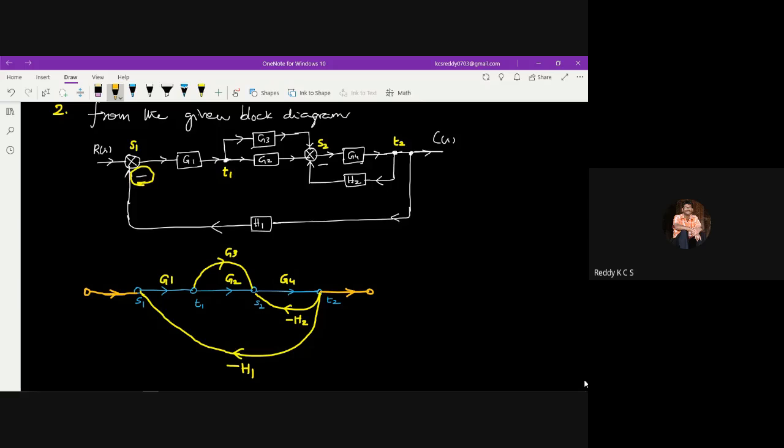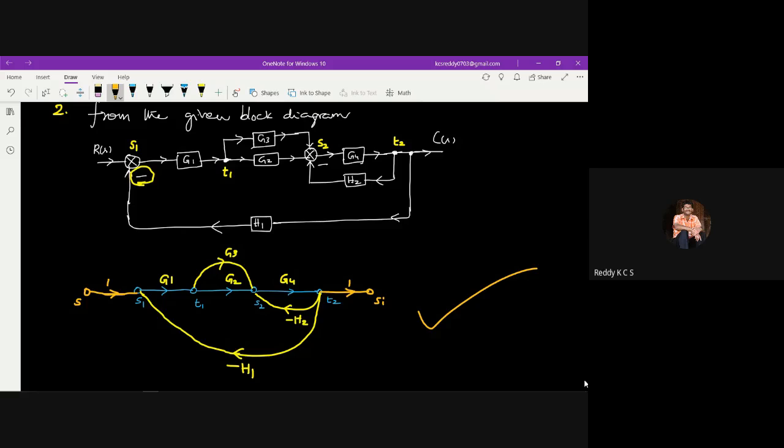So here I can represent dummy nodes: a dummy source node and a sink node, with a branch gain of 1. So this is how we can represent a signal flow graph when you are given the block diagram.